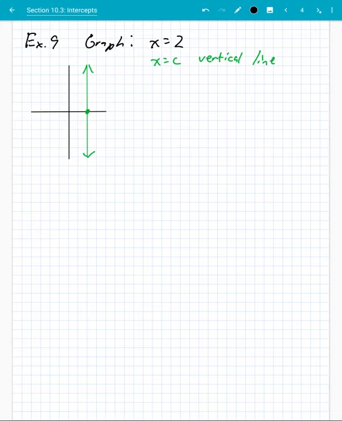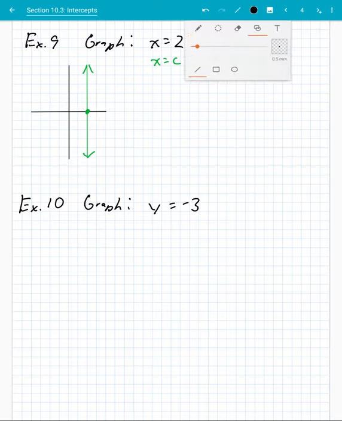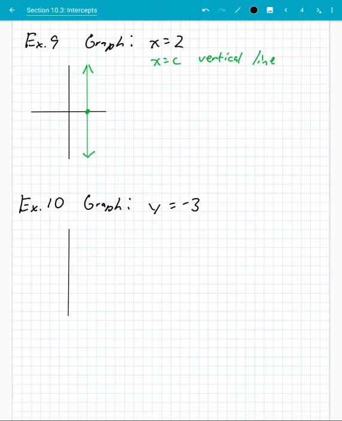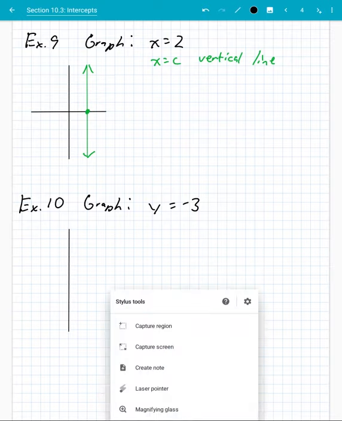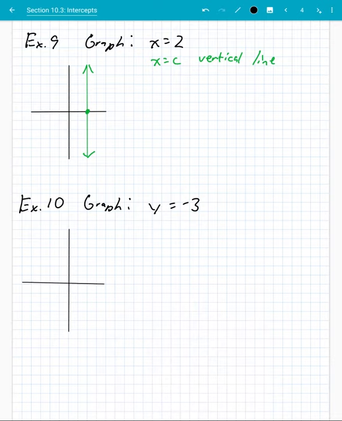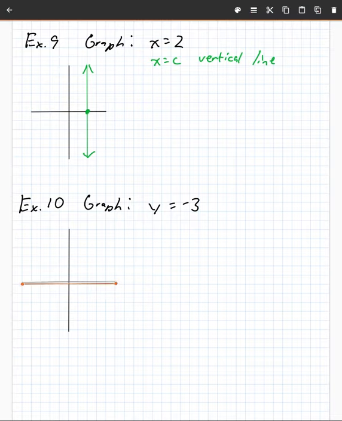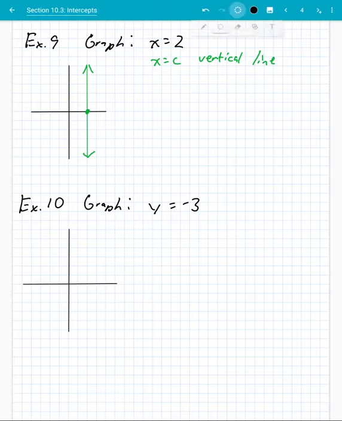If we do the next one, example 10 says to graph y equals negative 3. So again, draw ourselves a little graph. Remember, if it's y equals negative 3, instead of a vertical line, it's going to be a horizontal line. Let's move this down a little. There we go.